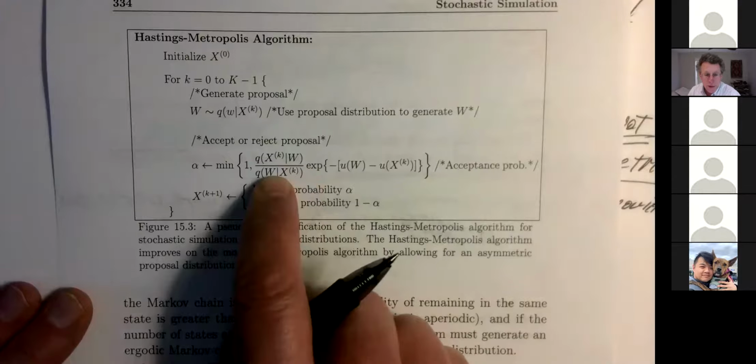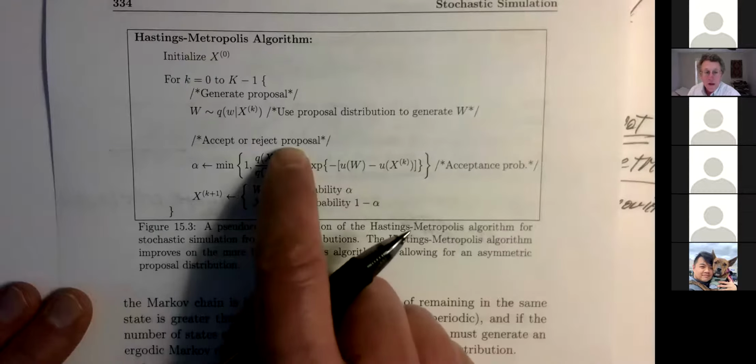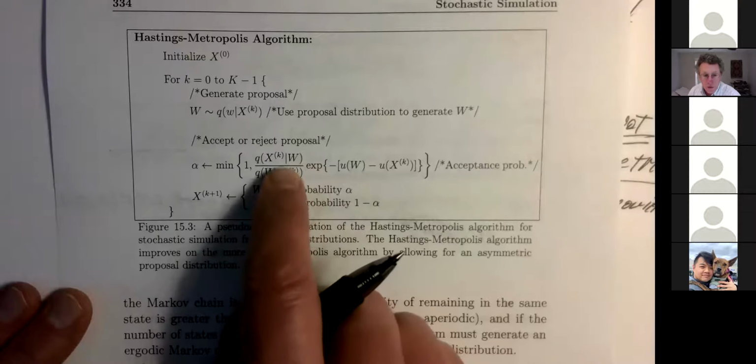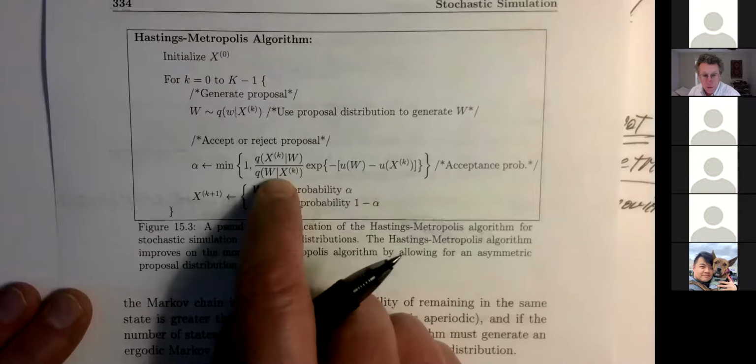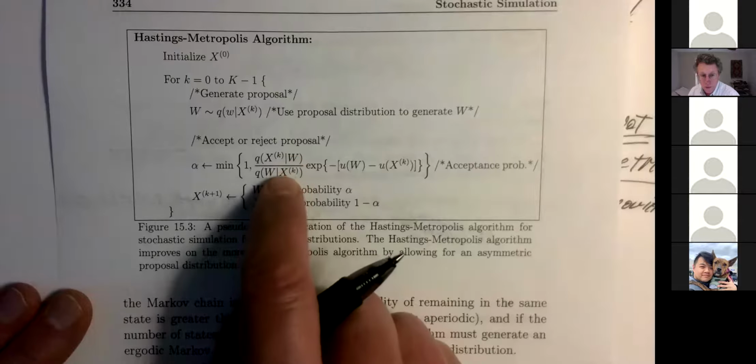And this tells me the probability of proposing W, given that I'm in state X. Under the Metropolis assumptions, where this function was supposed to be symmetric, this ratio would be 1.